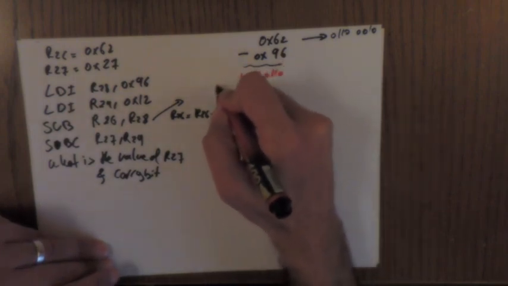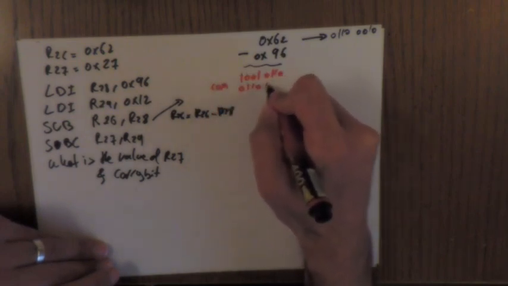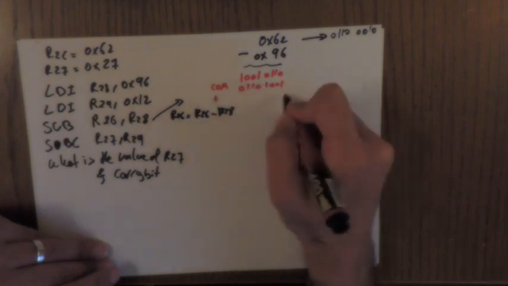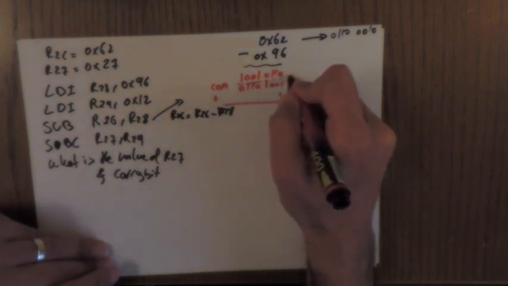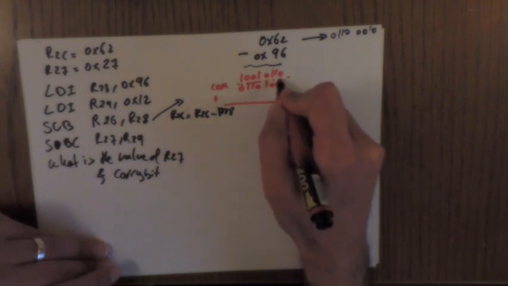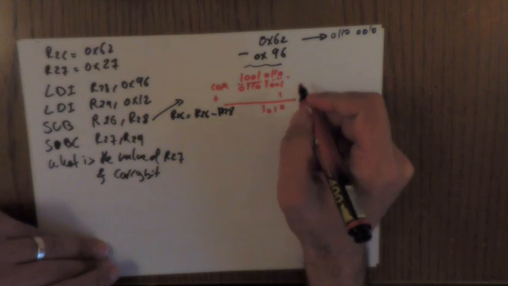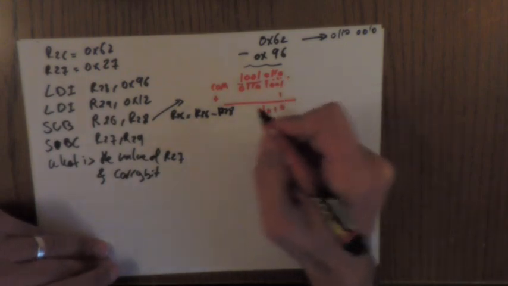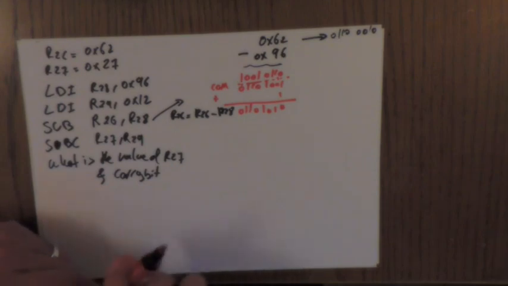So we do the inverse, the complement. It will be 0110. We add 1, and we will have 1010 0110. So we place this.